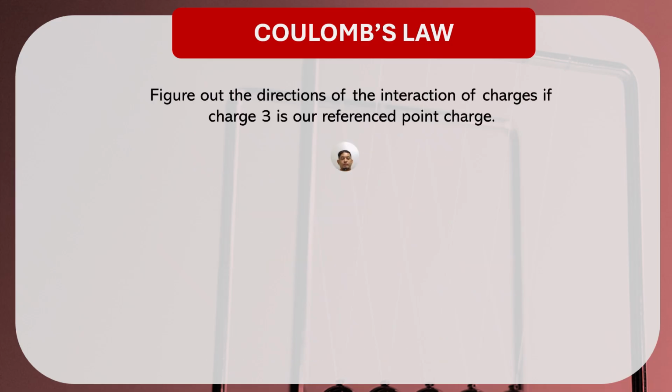Okay, now let's figure out the direction of the interaction of charges if charge 3 is our reference point. So we have three charges. It depends upon how they are labeled, but in this case, this is charge 1, this is charge 3, and this is charge 2. According to our statement here, charge 3 is our reference point, our focus. So let's find out what the influence of the other charges nearby is.